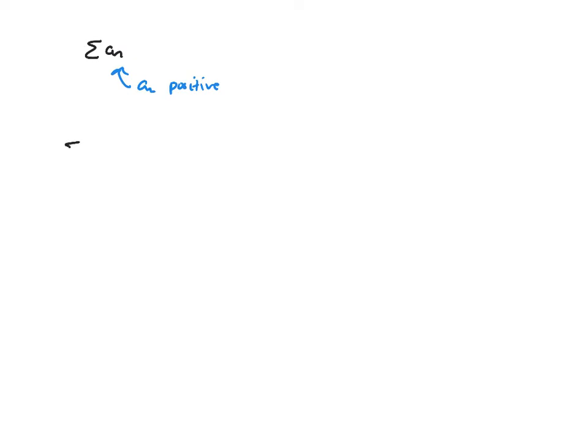So let's consider, first of all, this summation here: the sum from n equals 1 to infinity of negative 1 to the n. I just want to write out some of these terms. When n equals 1, that's negative 1 to the 1, and then the next term is negative 1 squared, then negative 1 cubed, and negative 1 to the 4th, and so on.